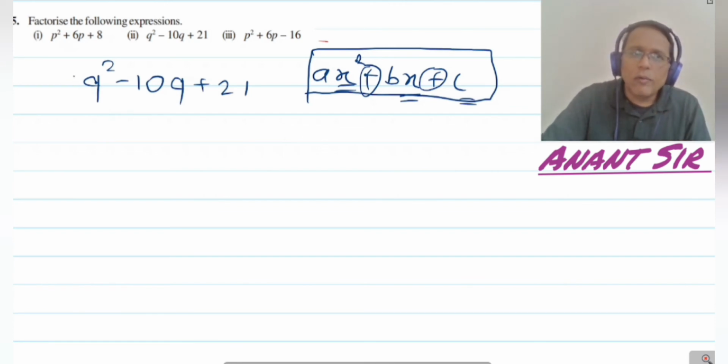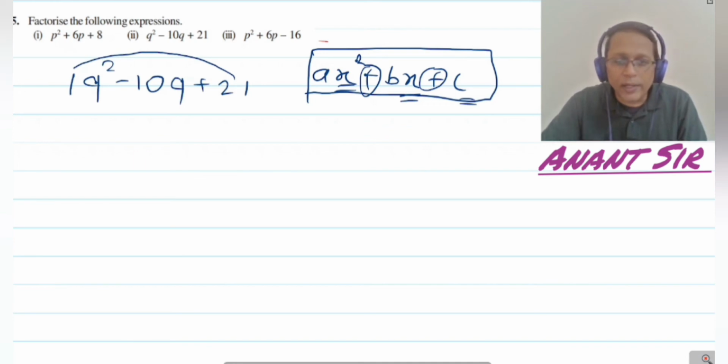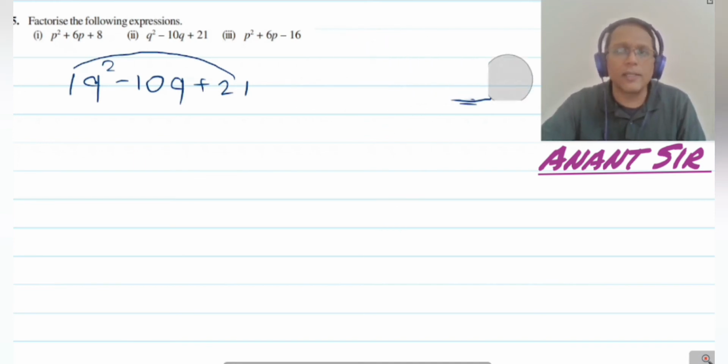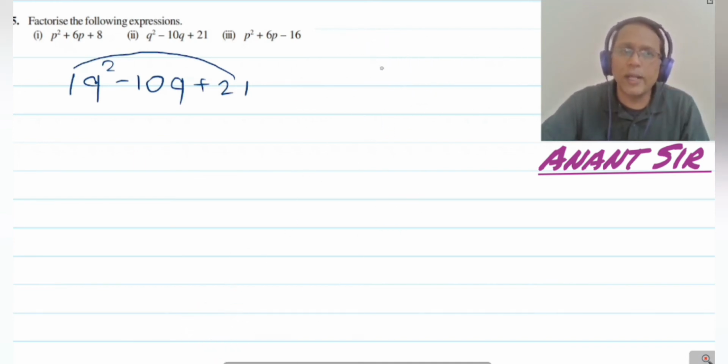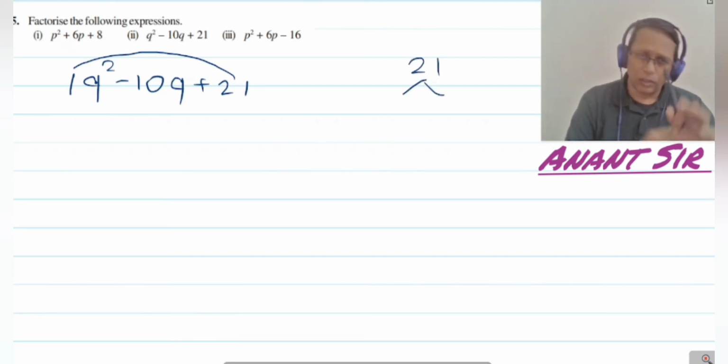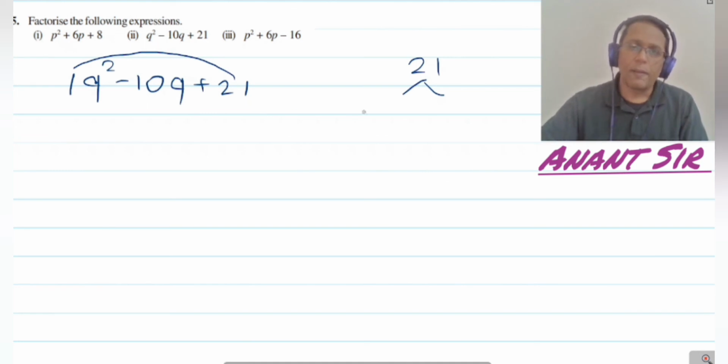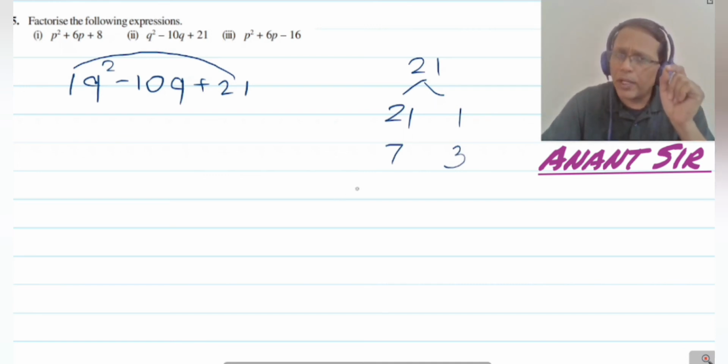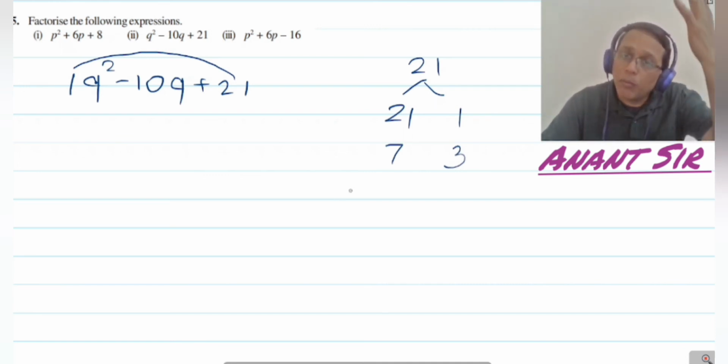So what we do? We multiply the first and last term. I have already told you, don't think about the signs, just multiply the terms. 21 times 1 is 21. Now we find the numbers whose multiplication is 21. So I think there are only 2 pairs, 21 and 1, and 7 and 3. In few questions there might be more than 2 pairs also.